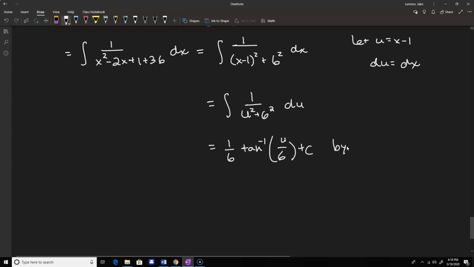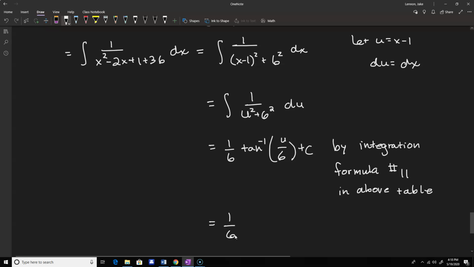This is by integration formula number 11 in the above table. And again, if you go back through the last steps of the previous example, we showed you how you can actually derive that by hand. And then what we want to do is just change u back into x minus 1.